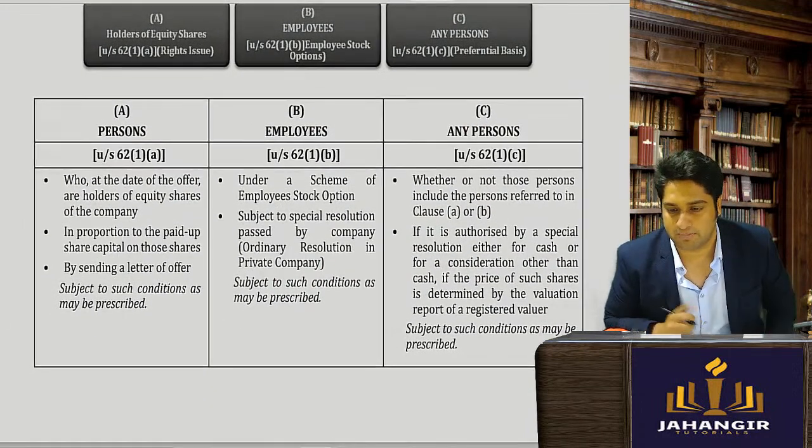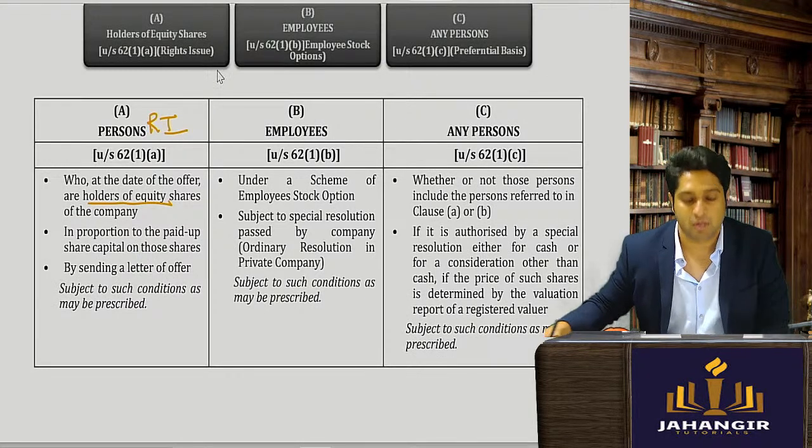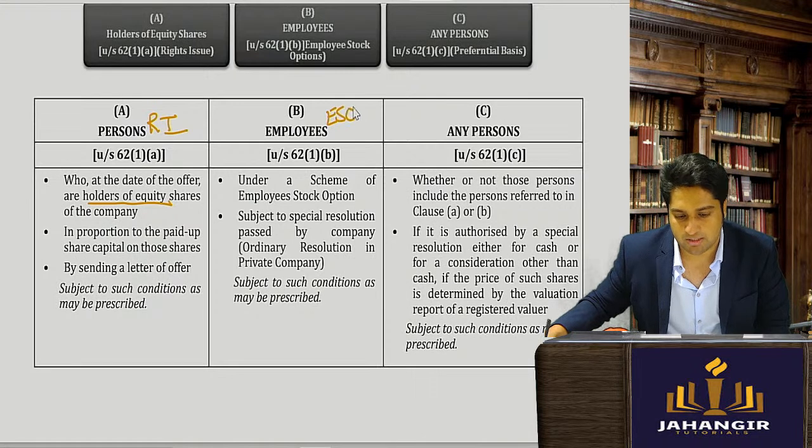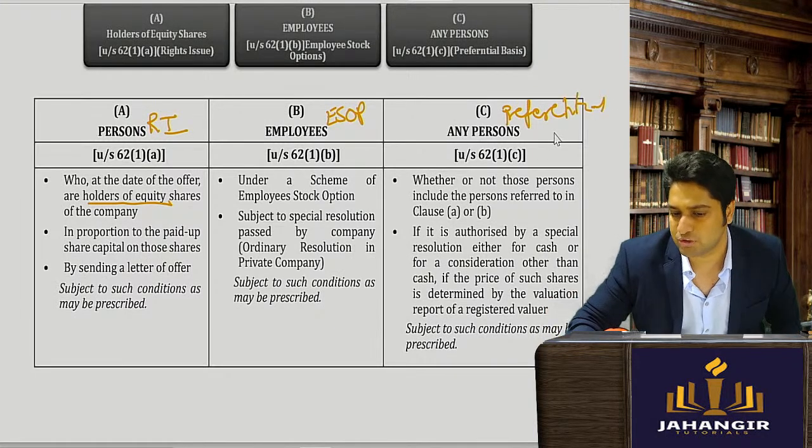Clear till here? Yeah, perfect. So this is about issuing to holders of equity share capital, that is your right issue. Employees, so this is about ESOPs. And any person, this is about preferential allotment or private placement. Let's understand each one and clear it up.